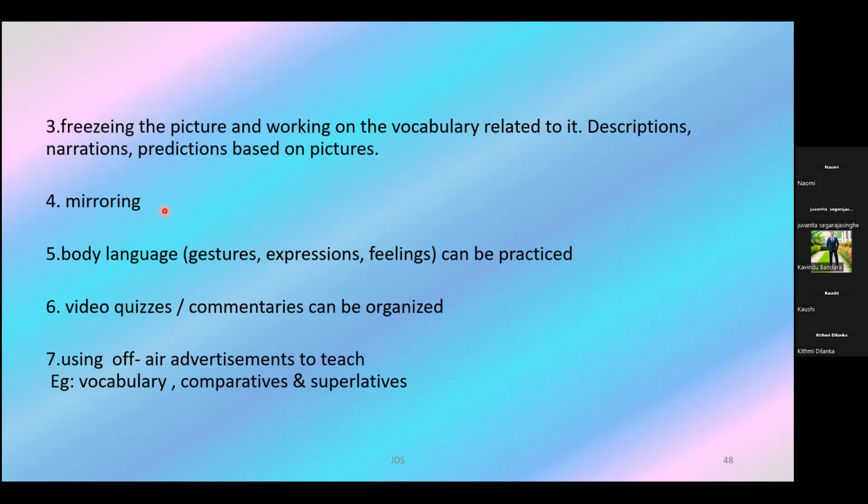Mirroring. As you look at that particular video clip or at that action or the object, you give a commentary, you just speak and describe it.